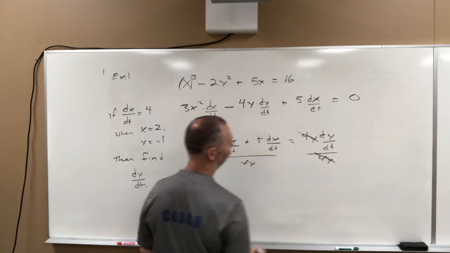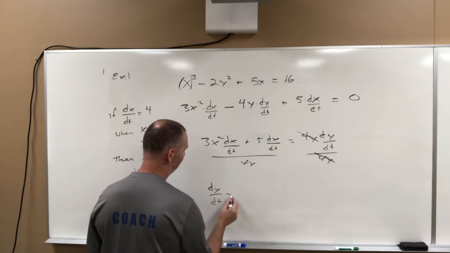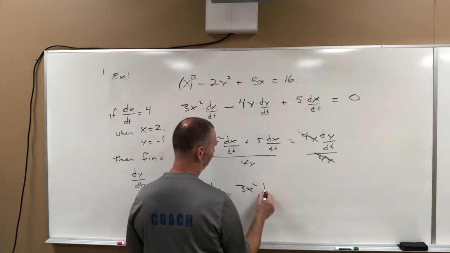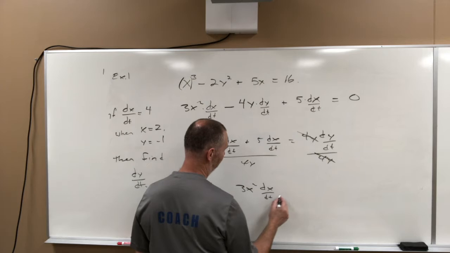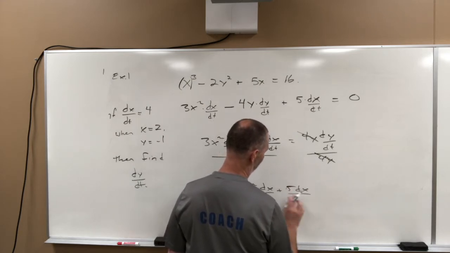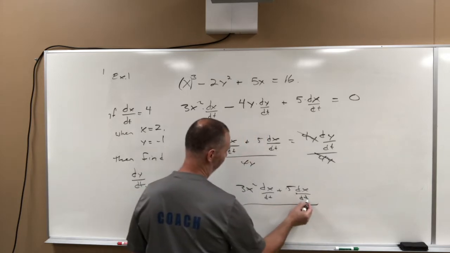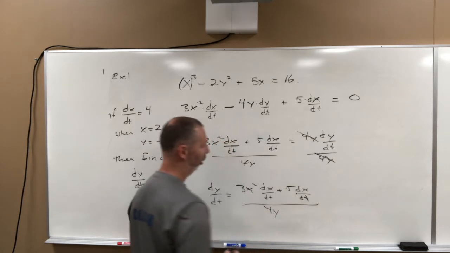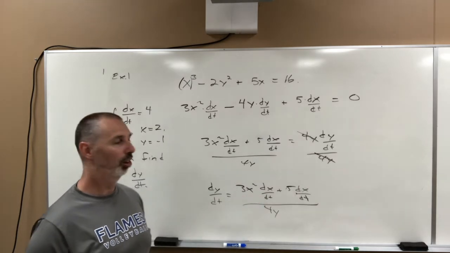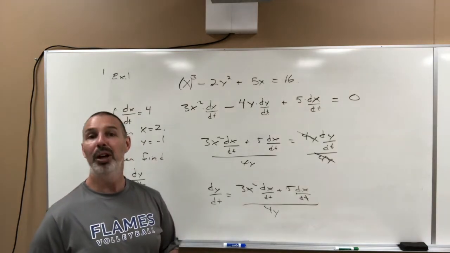These 4's cancel out, and we are left with dy/dt equals the statement here, which is 3x squared dx/dt plus 5 dx/dt over 4y. Okay. You could factor out the dx/dt, but it's not necessarily necessary to factor that out, but you could.